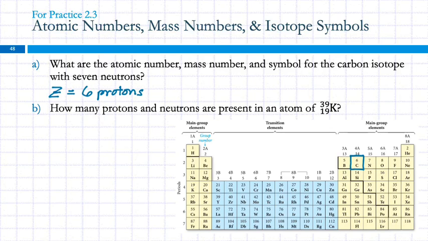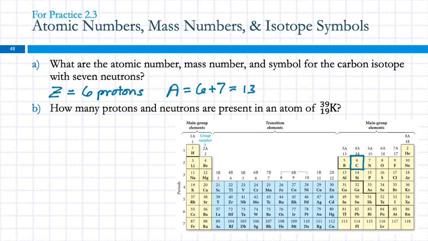And then it asks, what's the mass number? Well, the mass number is not listed on the periodic table. The periodic table does not give us direct information about the isotopes. The problem is telling us it has 7 neutrons. So the mass number A must be what? 6 plus 7. 6 protons plus 7 neutrons, or 13. Okay?